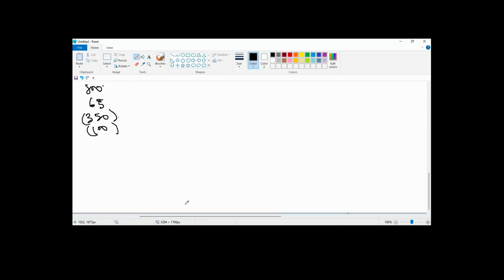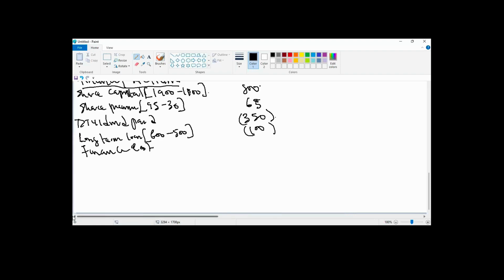So the finance cost. I will sum it up. We add all the nets. 370.